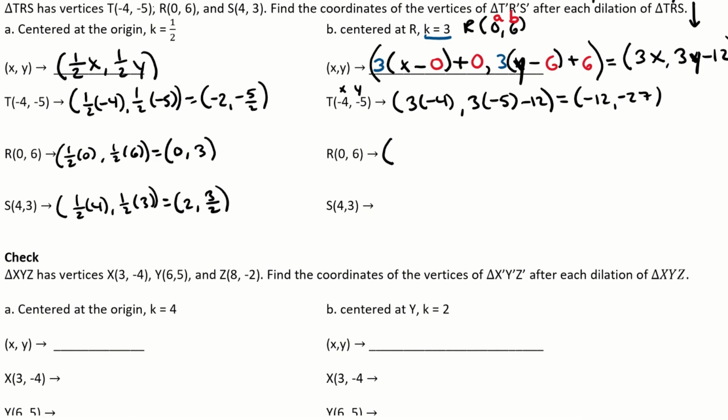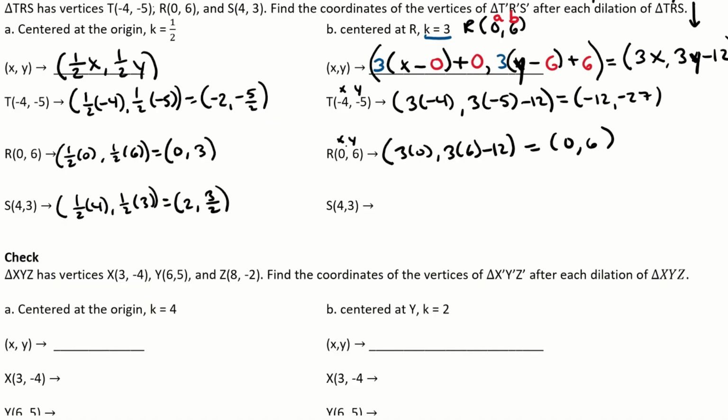It's 3x and then 3y minus 12. So we have 3 times 0, and then 3 times 6 minus 12. We have 0, comma, 18 minus 12 is 6. See, I told you it would be the same.